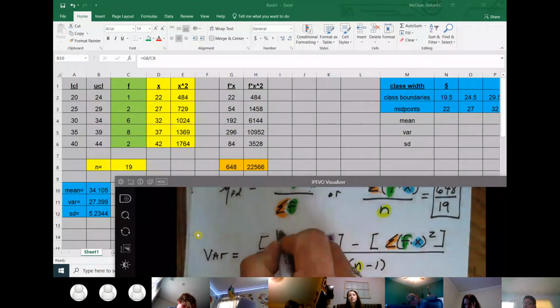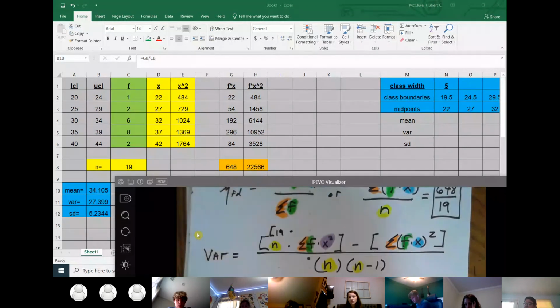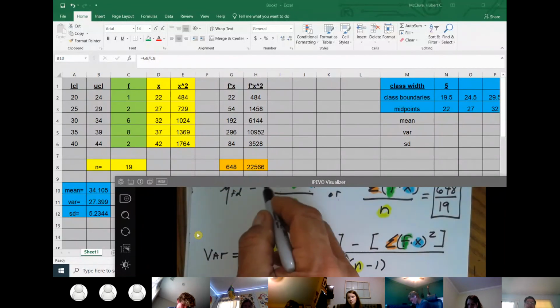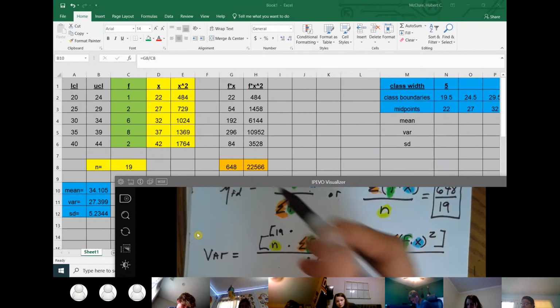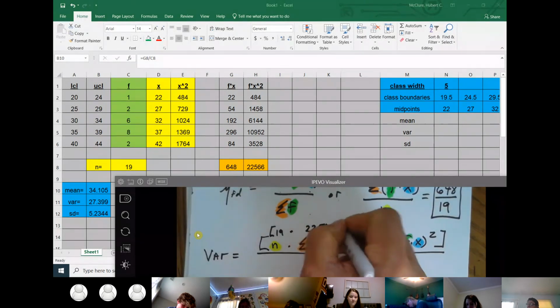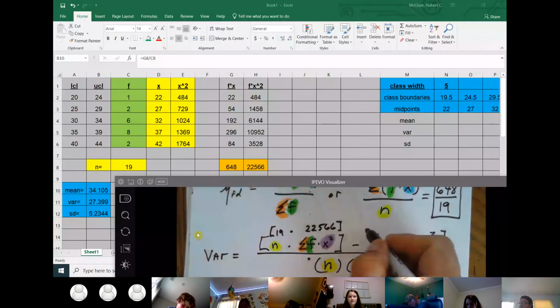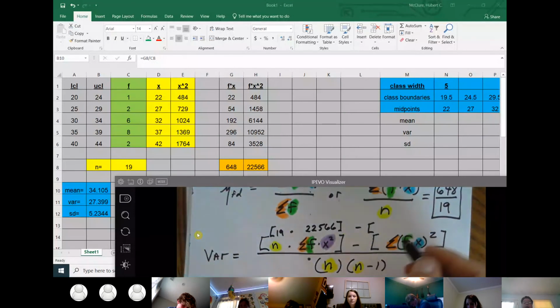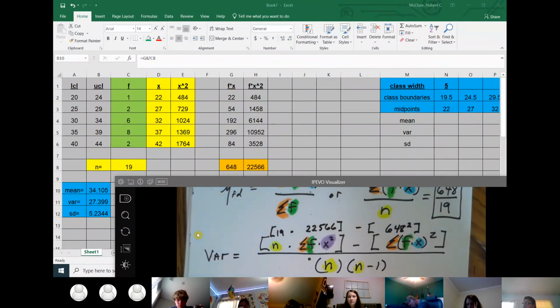So 19 times the summation of F times X squared, which is right there, 22,566, minus 648 raised to the second power, over 19 times 18.